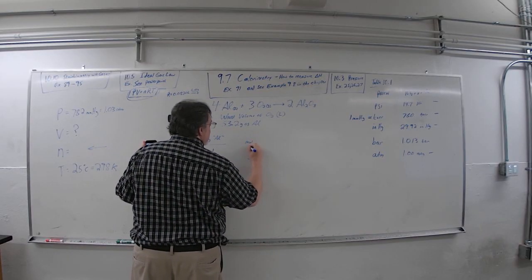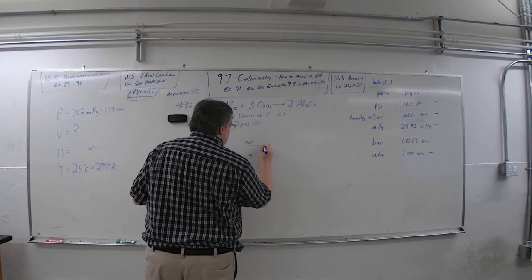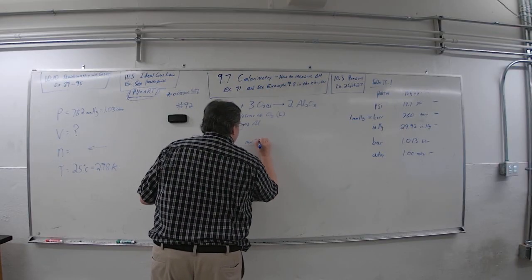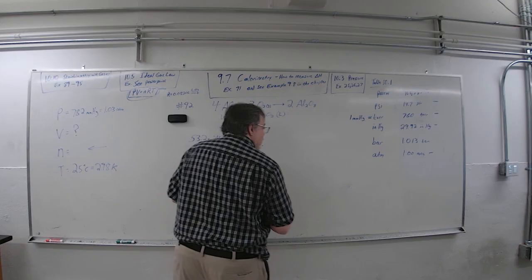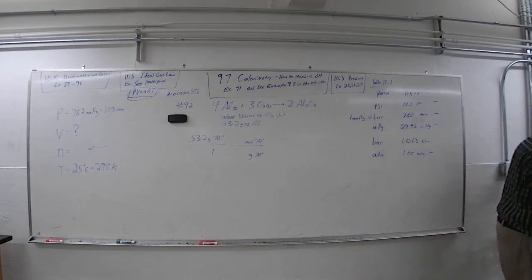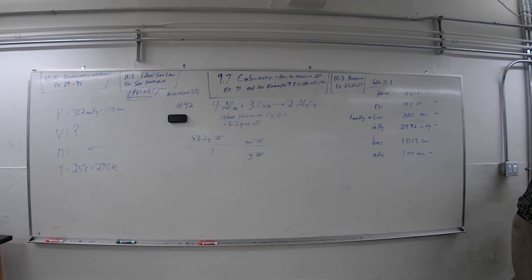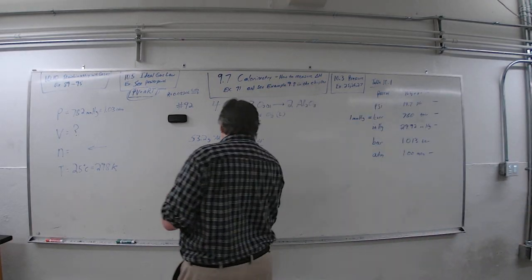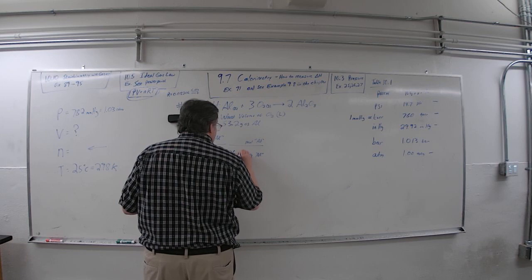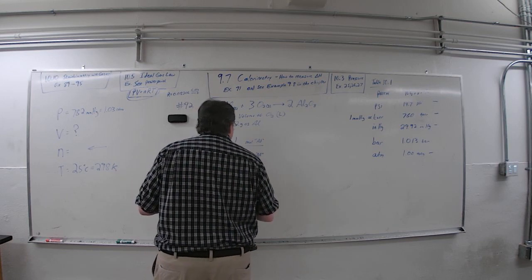Grams per mole for aluminum: aluminum is 26.98. 26.98 grams is 1 mole.